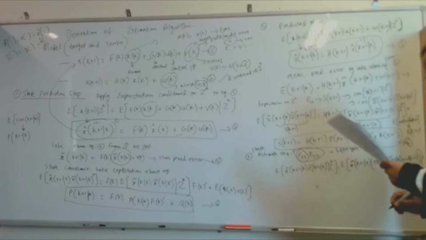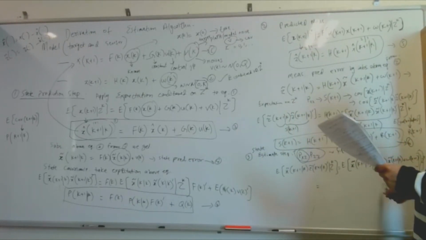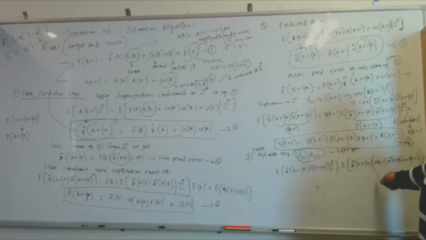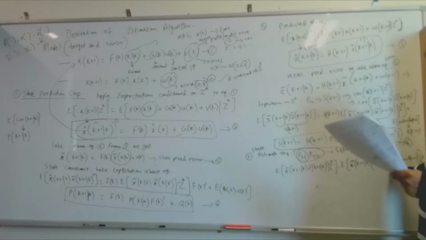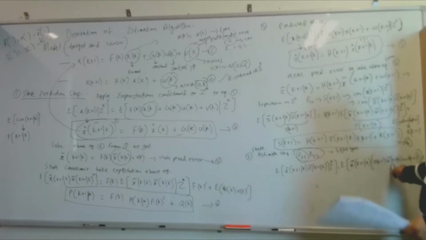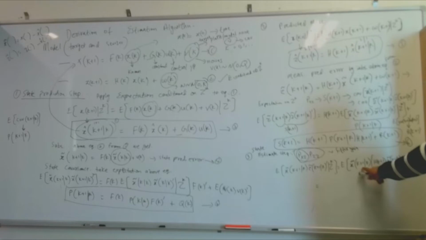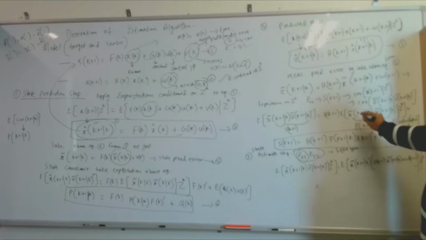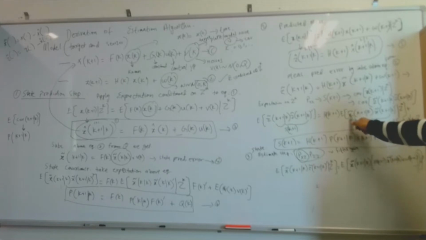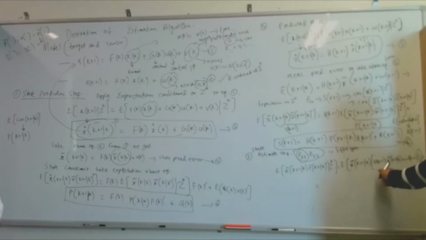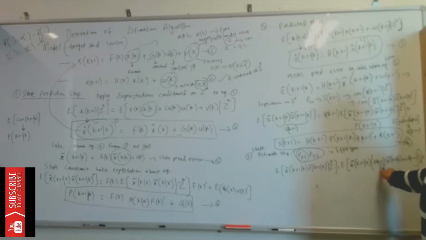So if we multiply the inside terms, this multiplied with the transpose of this state is equal to P k plus 1 given k, because this thing and transpose of this thing give that.